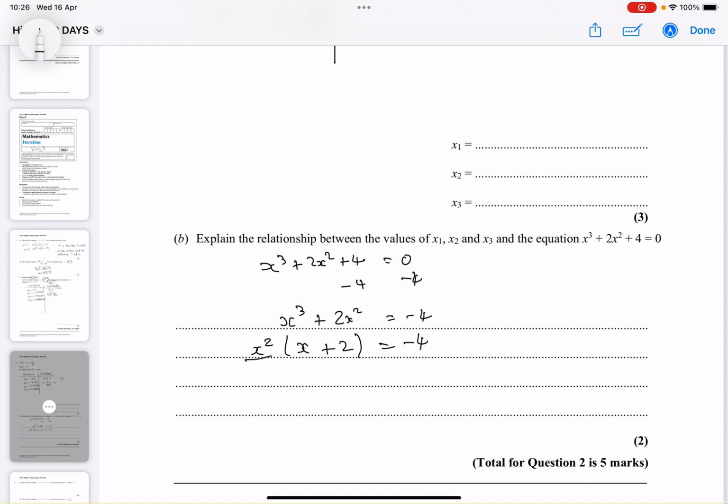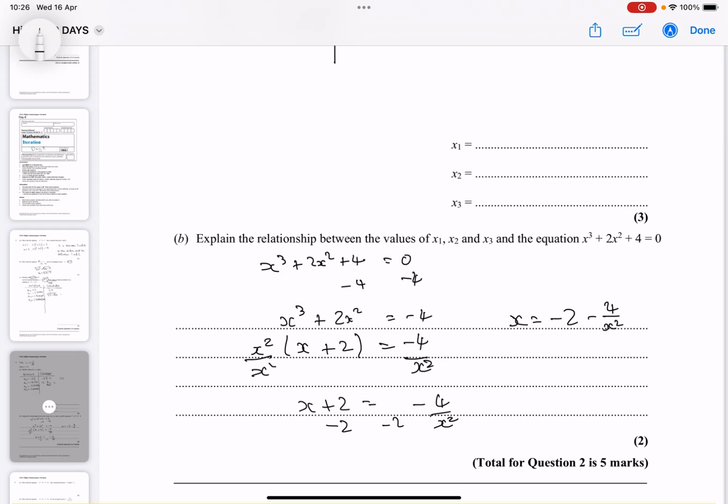Then I'm going to divide by the x squared, which gives me x plus 2 equals minus 4 over x squared. Then I'm going to take the 2, which goes to the front. So x equals minus 2 take 4 over x squared.